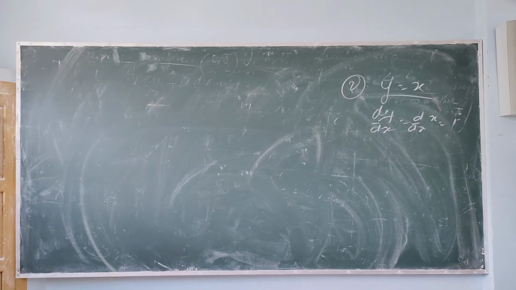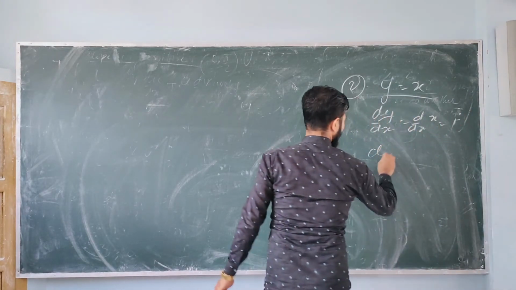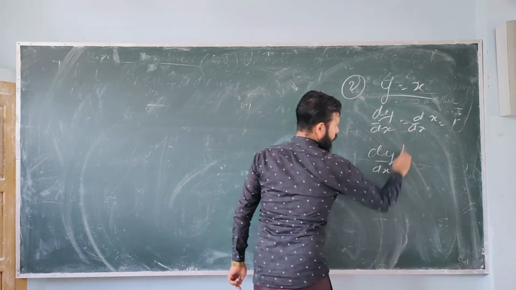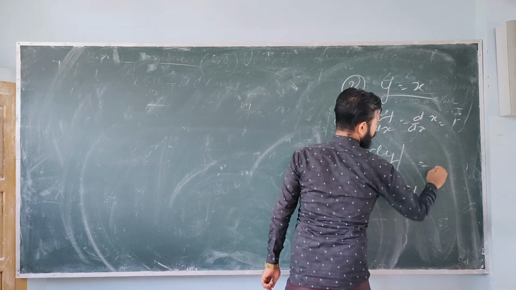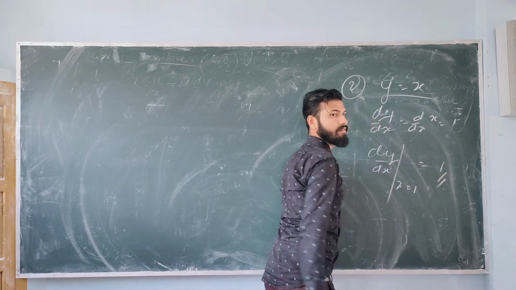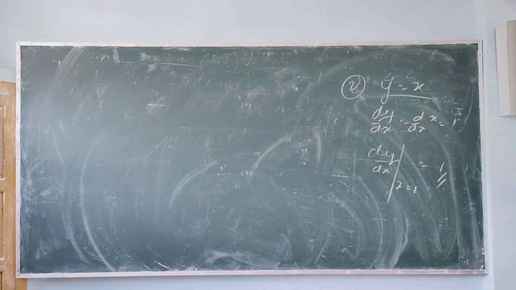When x equal to anything, dy by dx equals 1. Clear. Next one, 99x: derivative of 99x. The answer will not be 99, because the x becomes 1, and then 99 times 1 is 99.